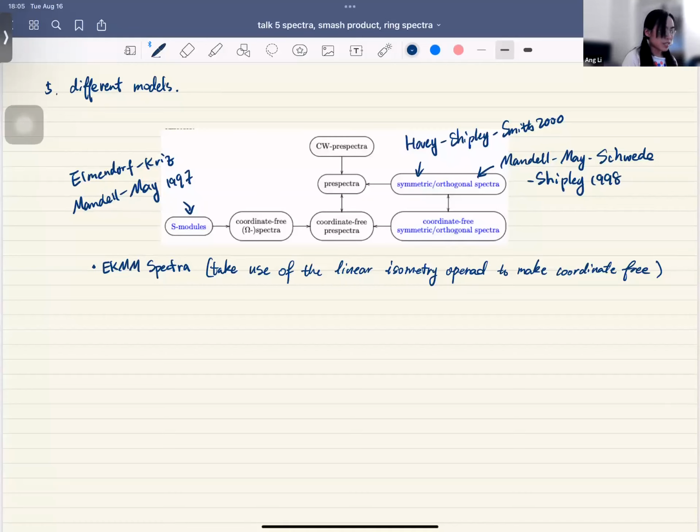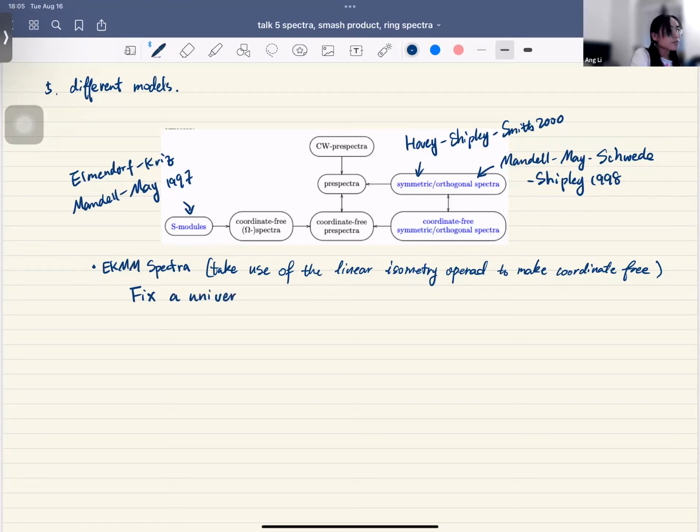Anyway, an operad, in short, is a structure that encodes how you multiply things. Because they want to use that, they change the index from integers to finite dimensional inner product vector spaces. So it's essentially still integers, but it's more useful, so we can take the linear isometry operad on that. So we fix a universe that is R infinity.